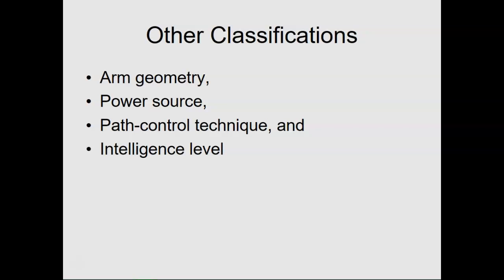So we classify things by arm geometry, power source, path control technique, and intelligence level. And I'll say intelligence level is actually kind of a misnomer in this, simply because a robot has no ability to think for itself. We can give it the illusion of that ability, but we do not have the ability to give it the ability to actually think on its own.